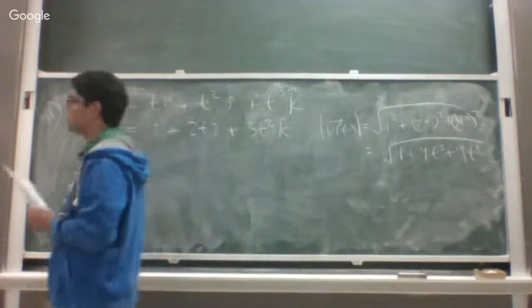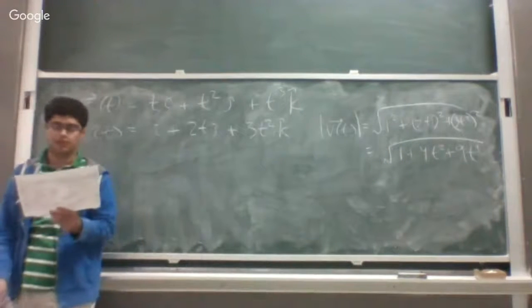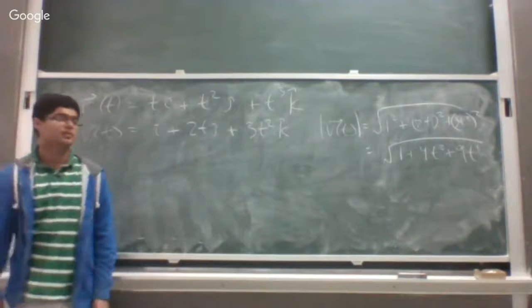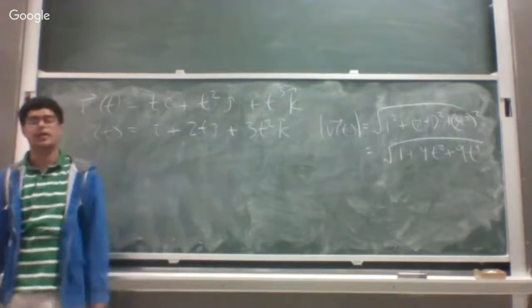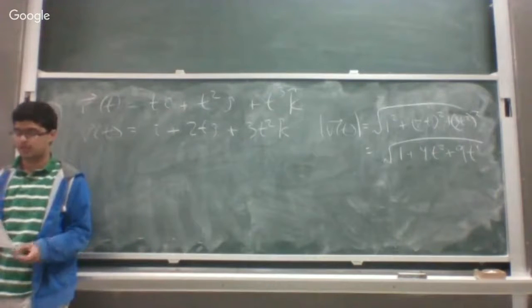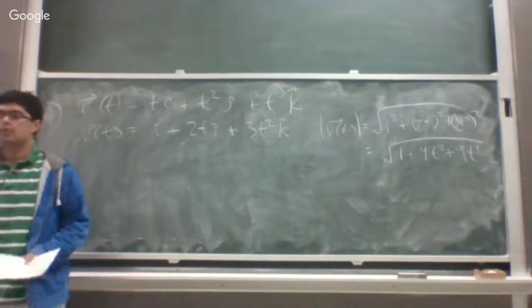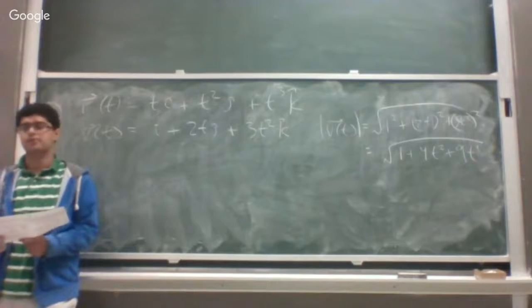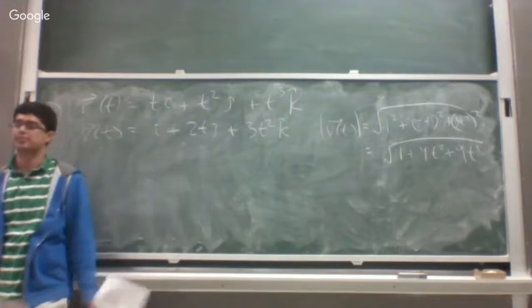Some of these problems won't have pretty answers that simplify. If you get something that doesn't simplify, just keep going with it, but make sure you did your math right.